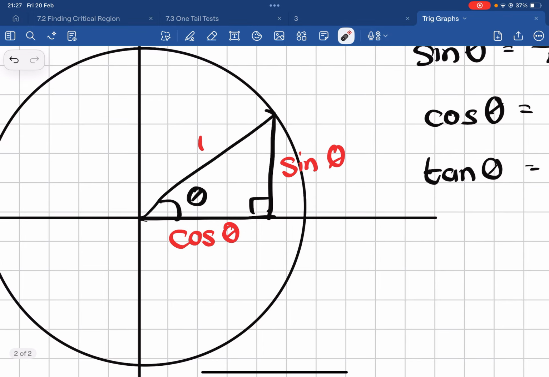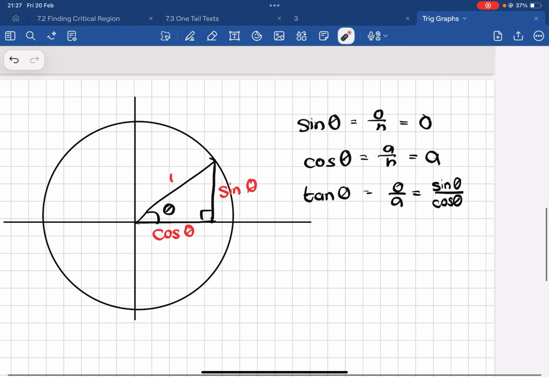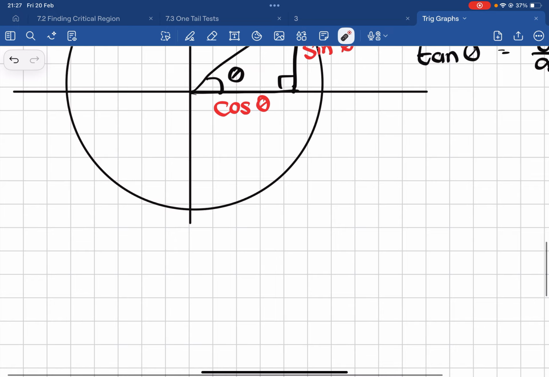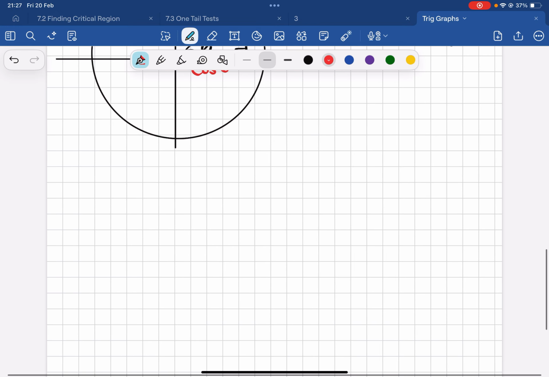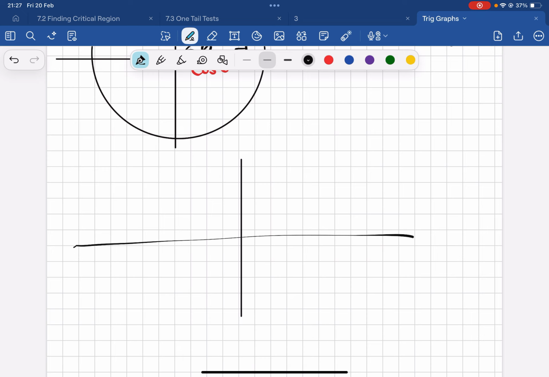So let's say we're trying to draw the sine graph. We start off obviously at the origin. It's probably the best starting point. Let's draw it back. Sine theta, at the origin.